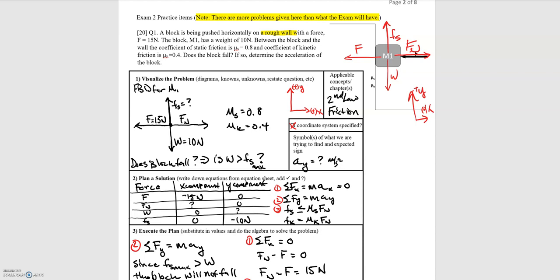Well, if the acceleration is 0, then the sum of the forces in the x direction and the sum of the forces in the y direction must be 0. Because remember, the forces are proportional to the acceleration. So if the acceleration is 0, the sum of the forces must be 0. And likewise for the acceleration in the y direction. So that tells you how to draw the length of your vectors if you expect the acceleration to be 0.